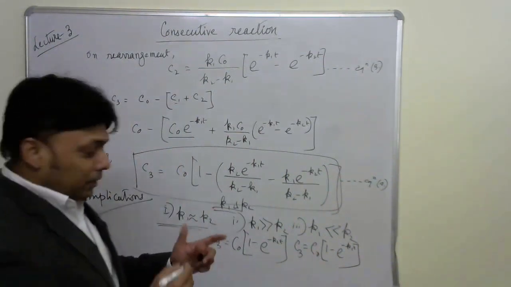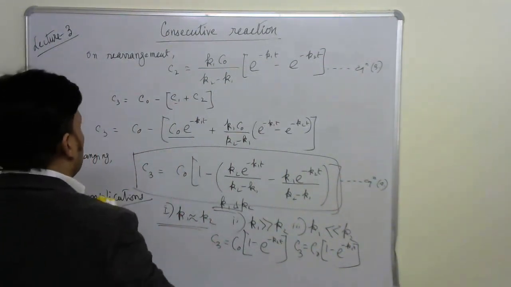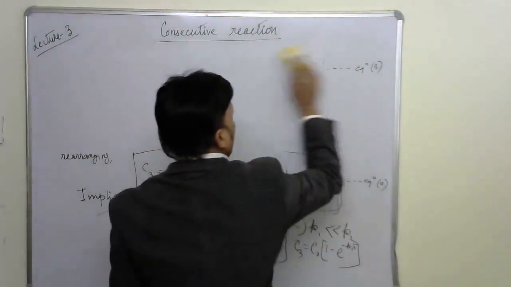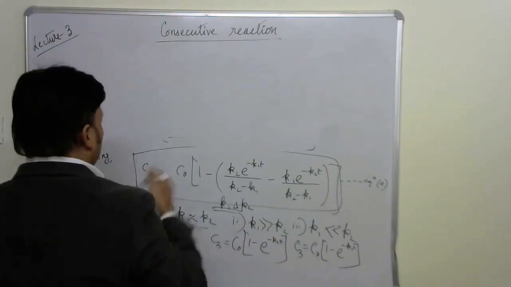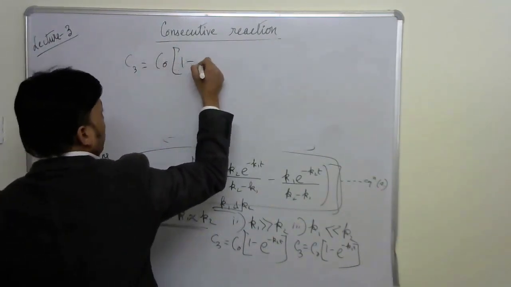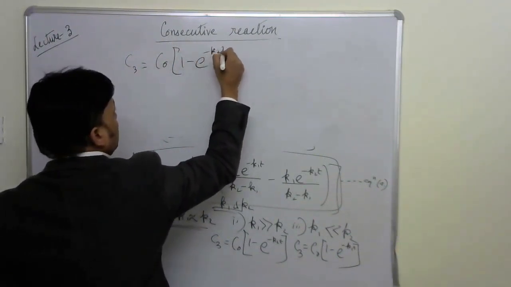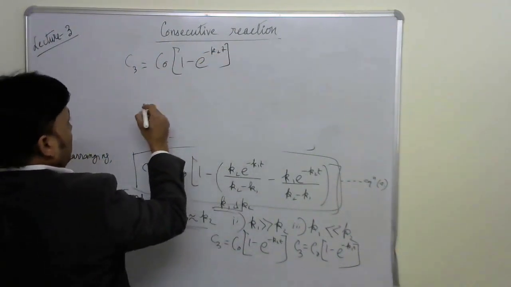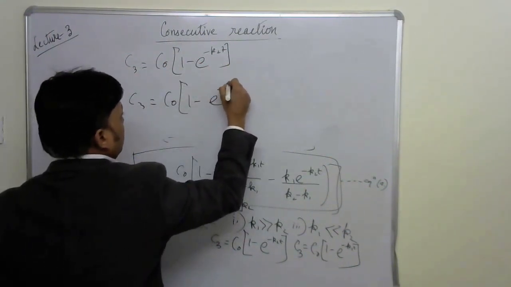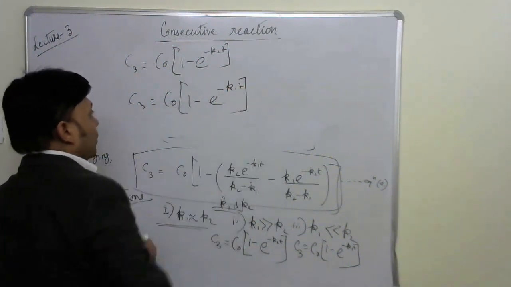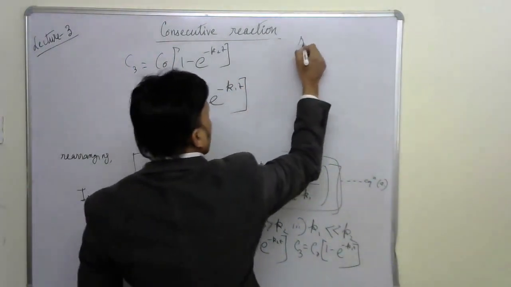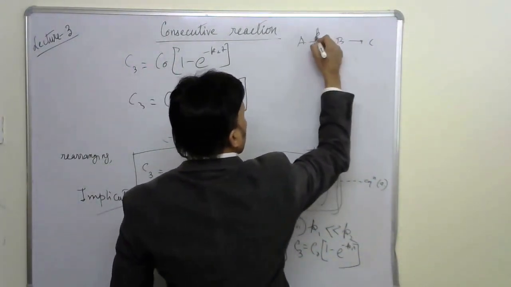So what do these two mean? Maybe this is appearing a little clumsy, so I may write down the two things over here. One equation is C3 equals C0 times 1 minus e to the power minus K2t, and the other is C3 equals C0 times 1 minus e to the power minus K1t. You see that we have this consecutive reaction, A going to B going to C, with K1 and K2.